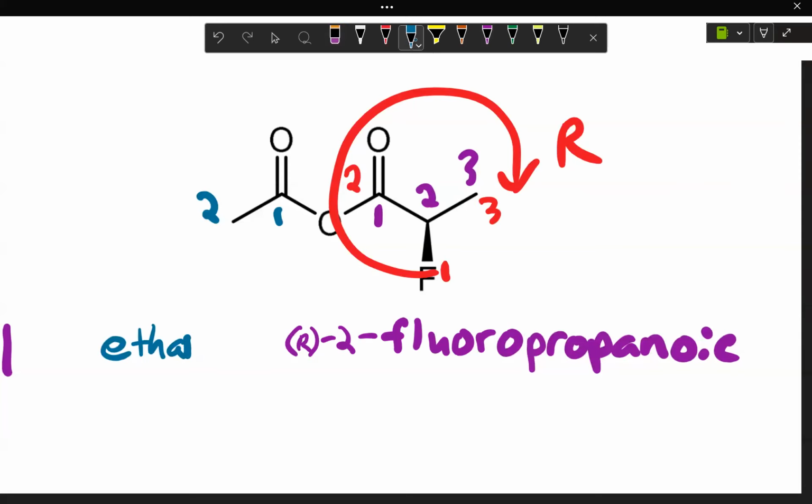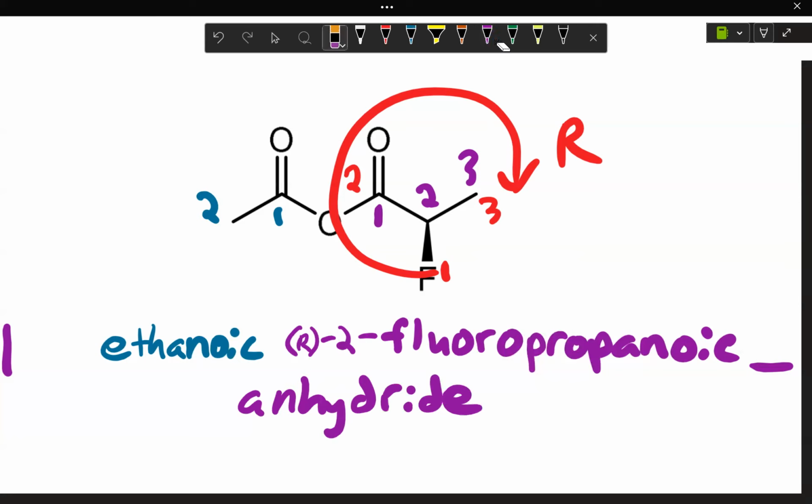And let me space this out a little bit better, because there should be a space in between the two sides of the anhydride. So we named each side of the anhydride separately with a space in between them, and then we're going to end the full name with space anhydride. And the reason I put the ethanoic in front of this long one is alphabetical.